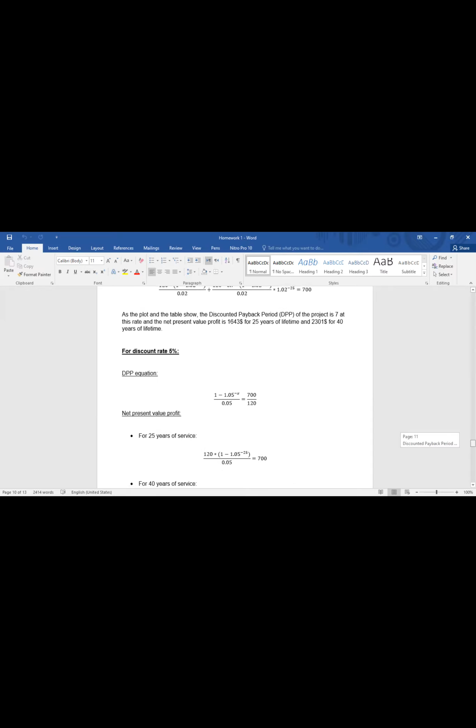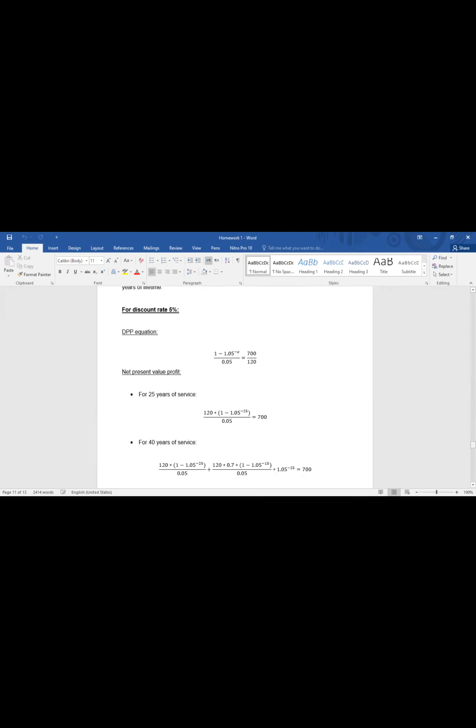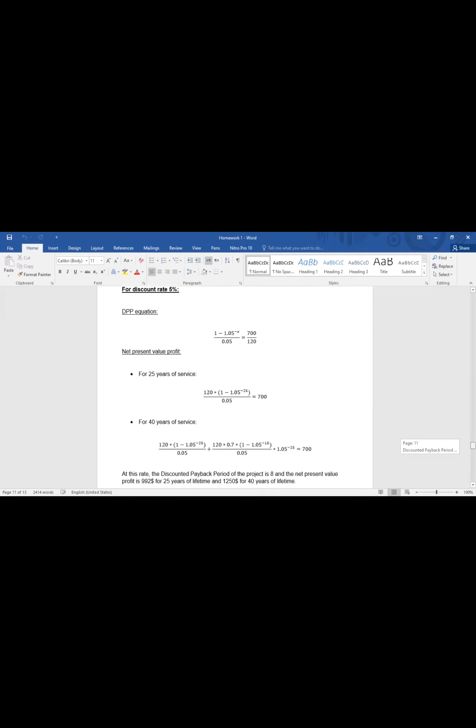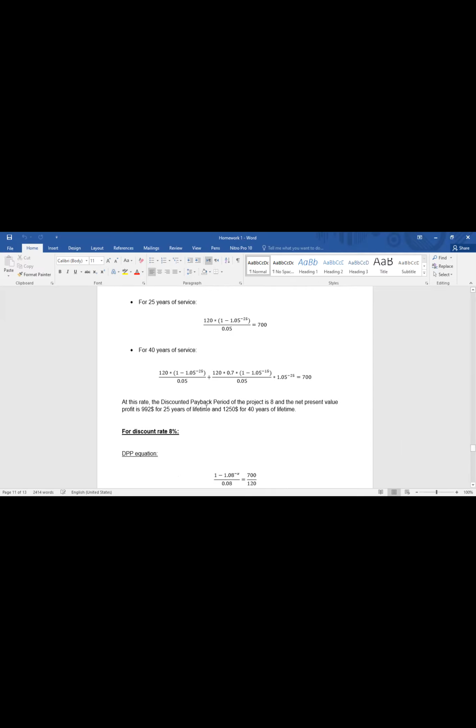For 5%, the equations are the same, but we change only the discount rate. The discounted payback period is 8 years for a 5% discount rate, and the net present value profit is $992 for 25 years and $1,250 for 40 years.